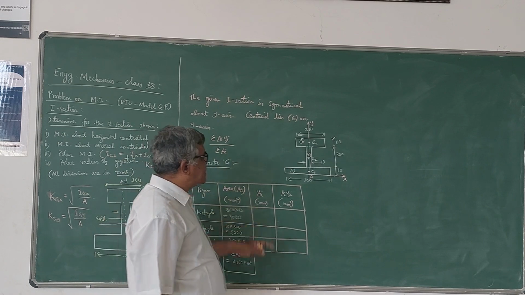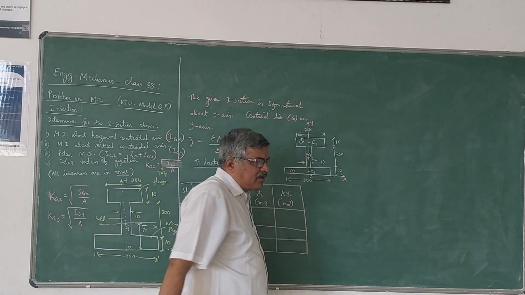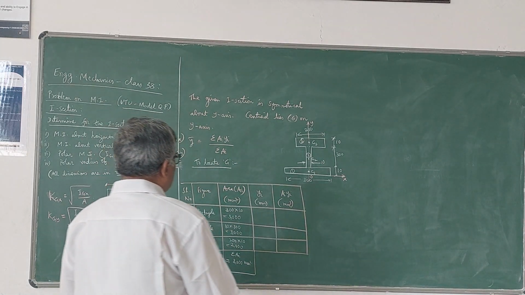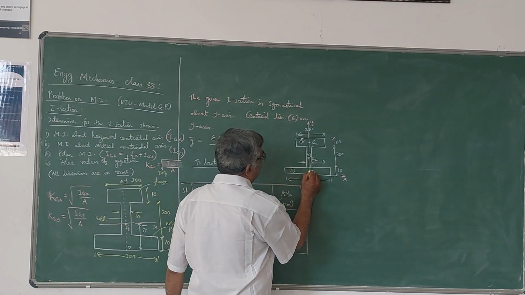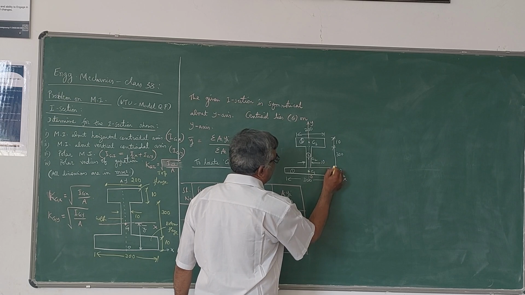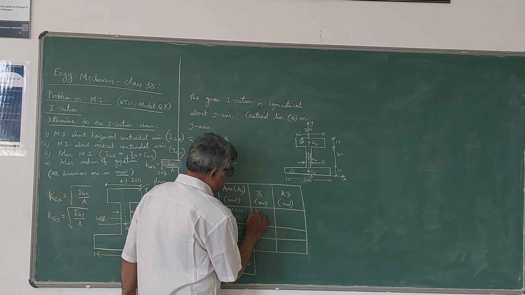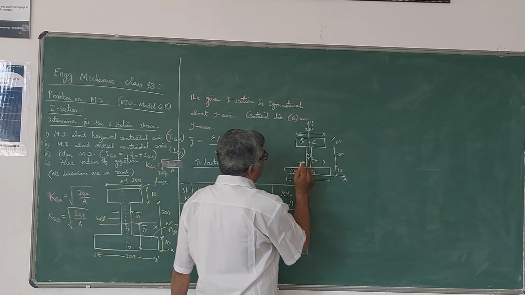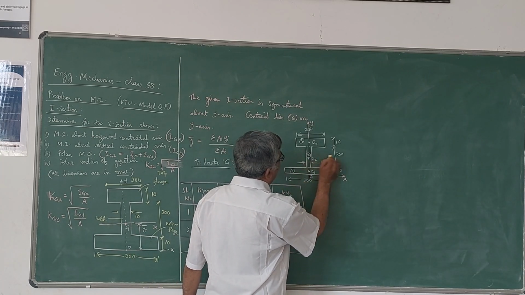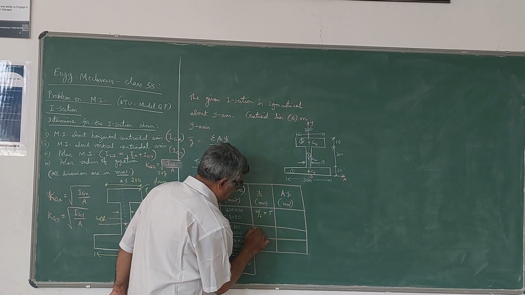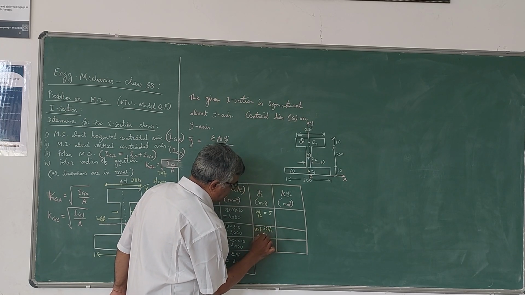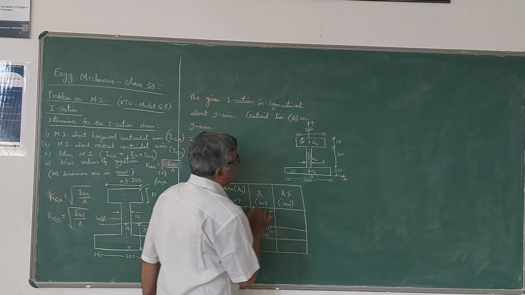Now yi is the distance of the centroids G1, G2, G3 from the x-axis. So that we have to write now. G1 will lie at a distance of 10 divided by 2, that is 5 mm. G2 will be at a distance of 10 plus half of 300, that is 10 plus 150, which is 160 mm.